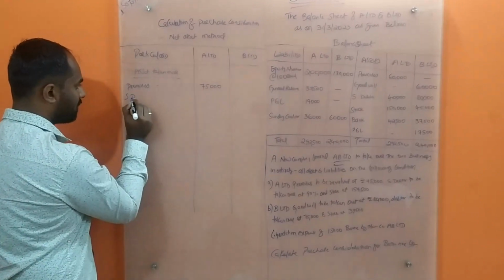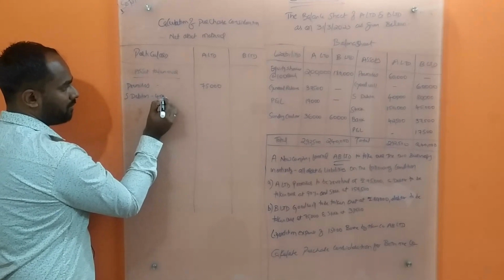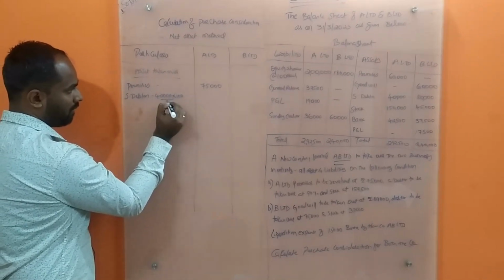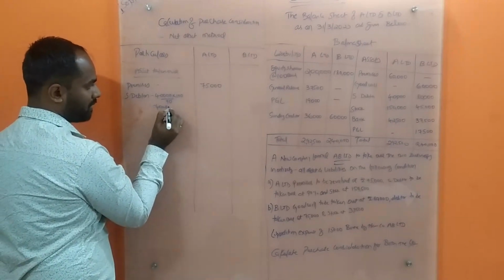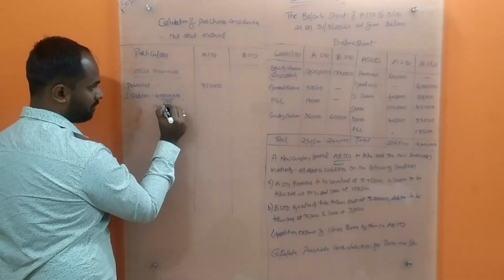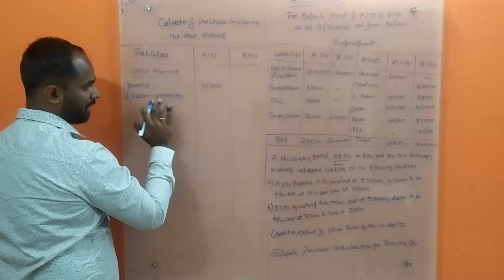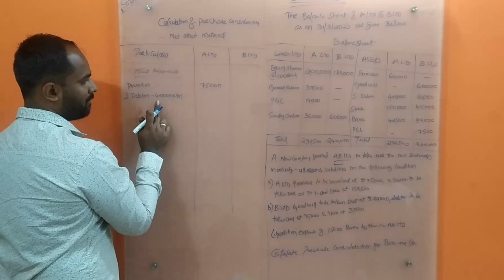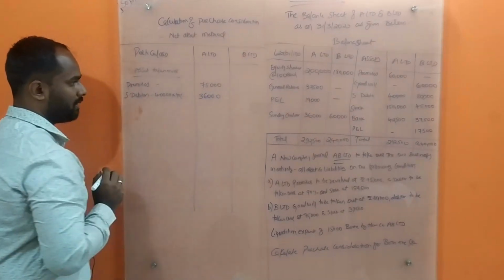So sundry debtors: 40,000 into 90%. This is a simple calculation. 40 into 90 percent is 36. So 36,000 is the revalued amount.